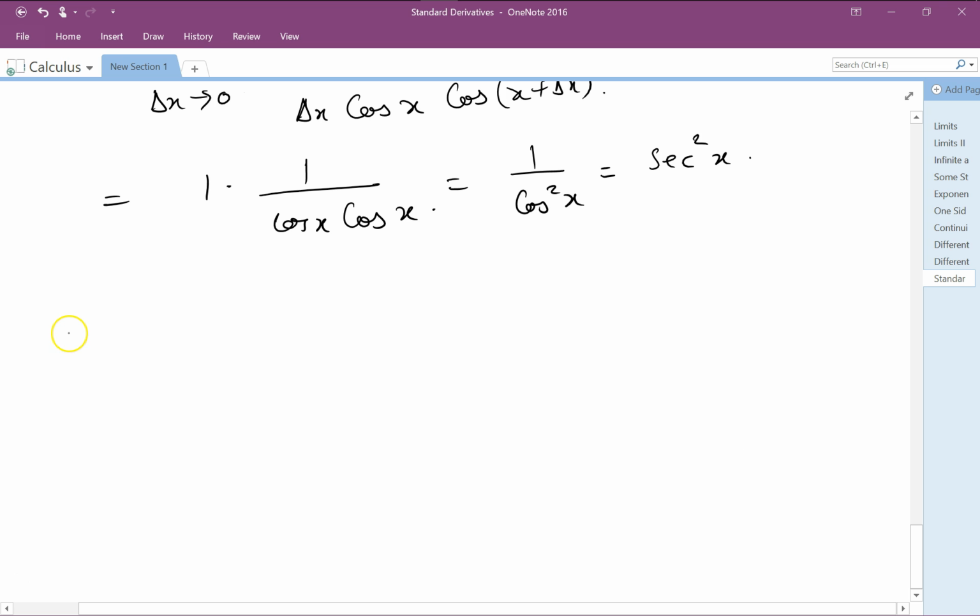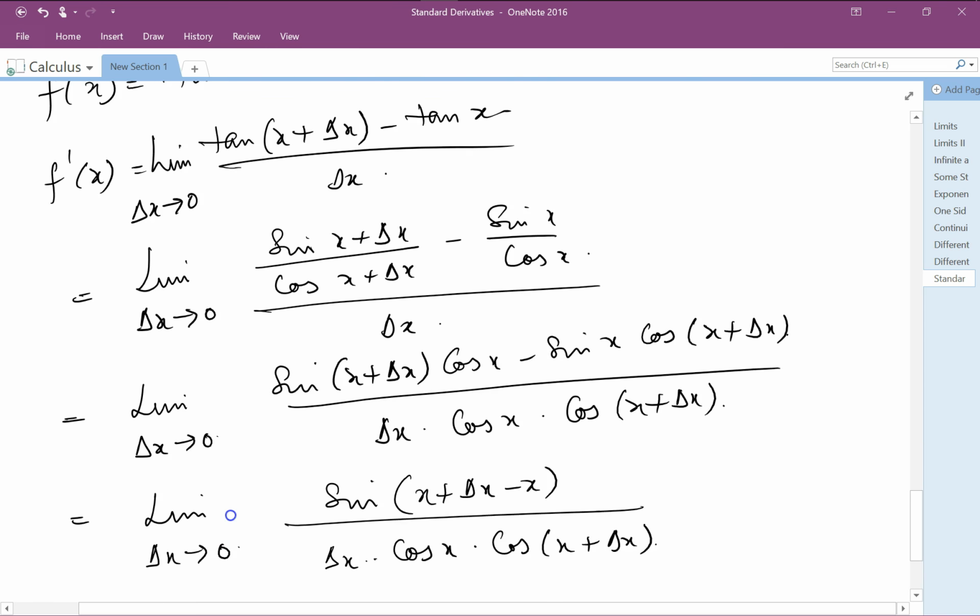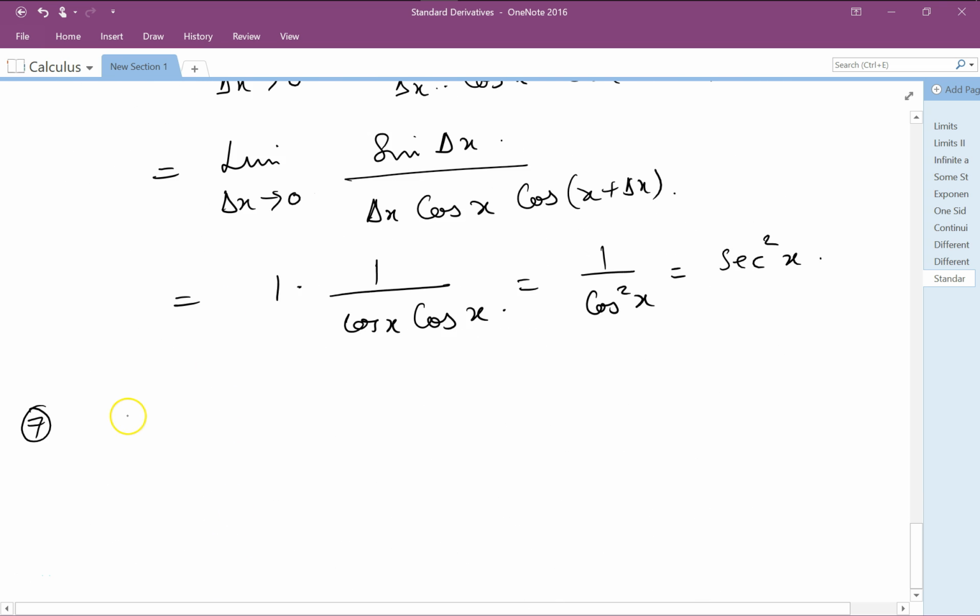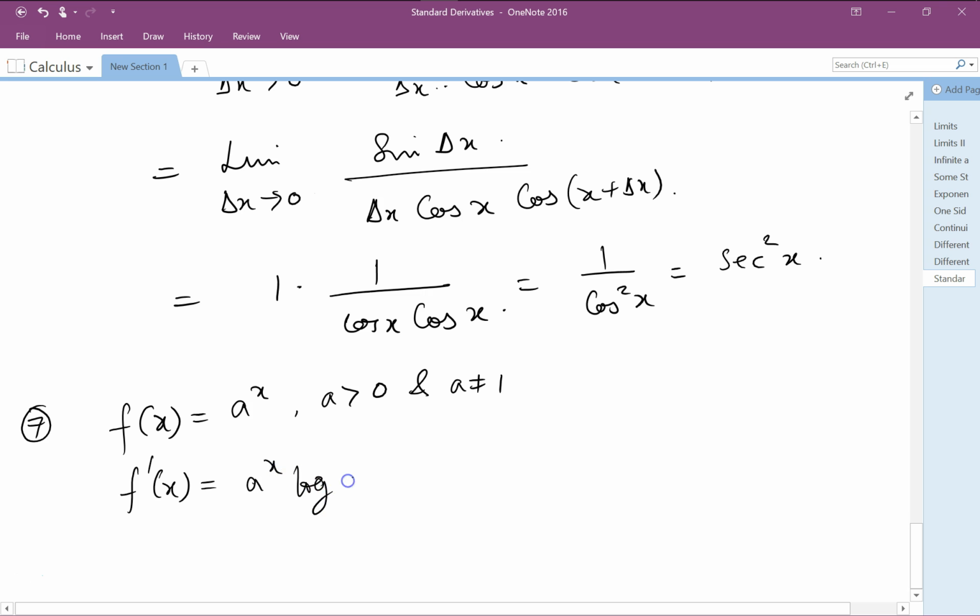2-3 other limits that you have to remember: for f of x equal to a to the power of x, where a is greater than 0 and a is not equal to 1, f prime of x is equal to a to the power of x log a.